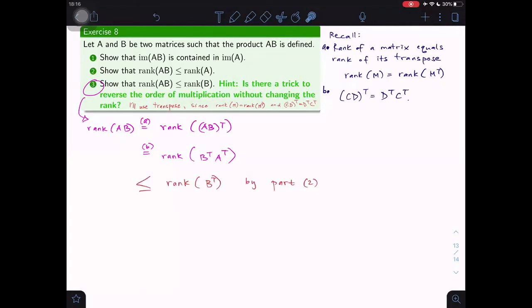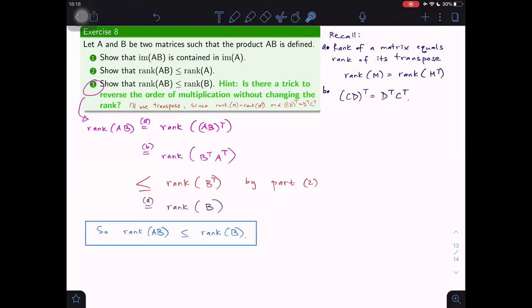And remember, my goal is to show that the rank of AB is smaller or equal to the rank of B, and I'm very close. I can replace the rank of B transpose with the rank of B. I've shown that the rank of AB is smaller or equal to the rank of B.